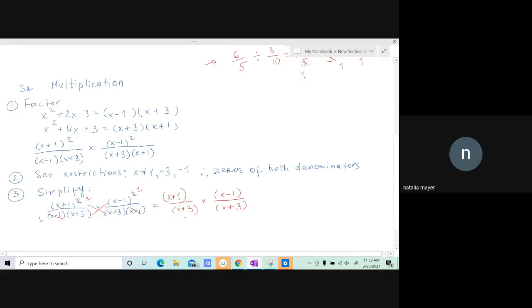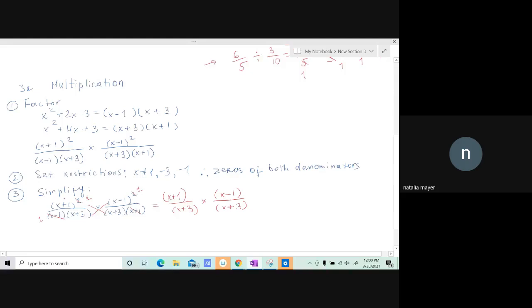Any other questions about this part? Miss, I don't understand the part of canceling. Why did we cancel x plus 1 and x minus 1? Do you see this x plus 1 and here x plus 1? Yes.